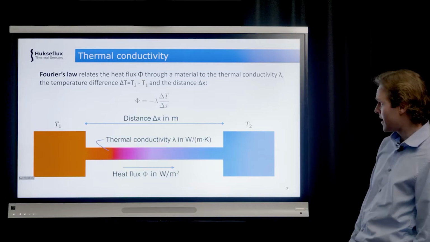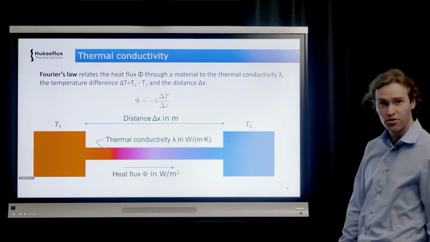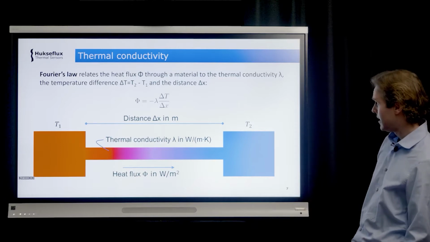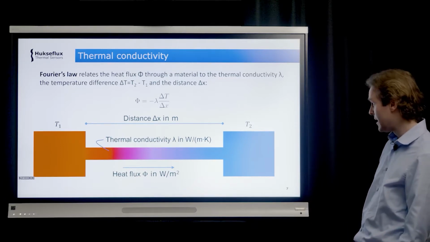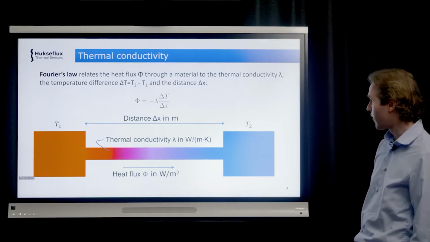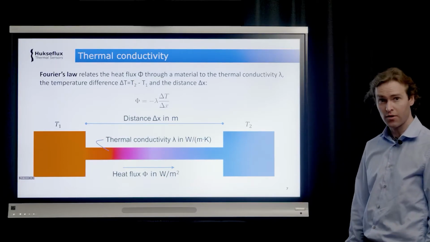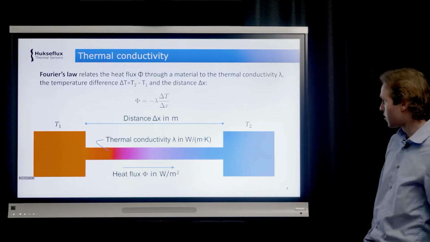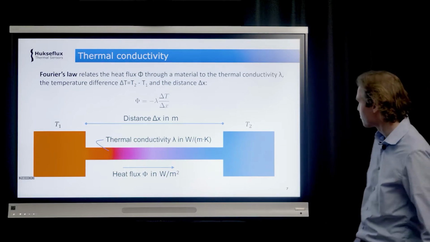Then according to Fourier's law, there will be a heat flux from the left to the right through this material, and the proportionality constant between the heat flux and the temperature gradient is what we call the thermal conductivity. So if the thermal conductivity is large, a lot of heat will flow, and if the thermal conductivity is low, then less heat will flow for the same temperatures, of course.